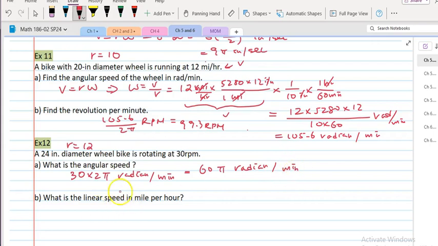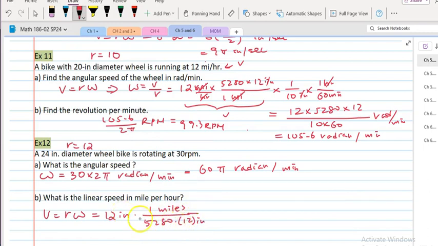But I want to change into miles per hour, so V is equal to R omega. This is omega already. My R is 12 inches, so I have to change this into miles. 1 mile is 5280 times 12 inches, right?